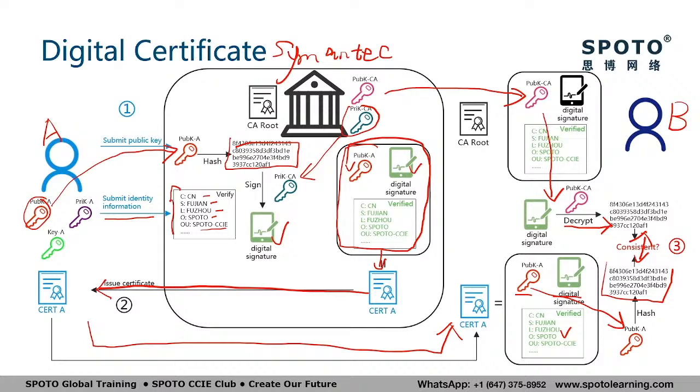You might be wondering, what if someone in the middle captured user A's digital certificate? Then what will happen? Is the man in the middle able to decrypt the communication between user A and user B? The answer is no, they are not able to.